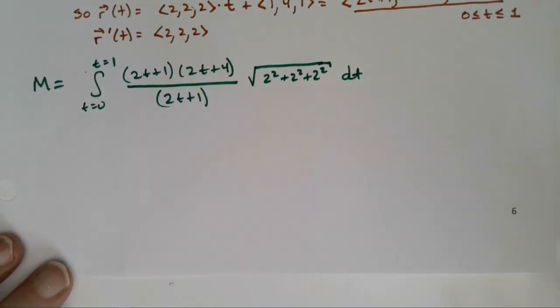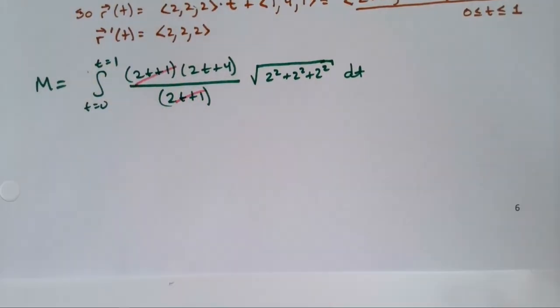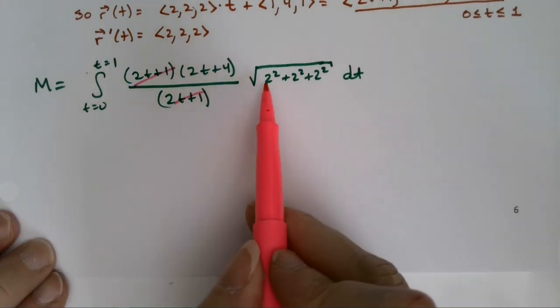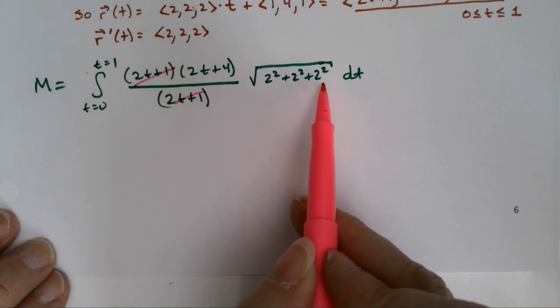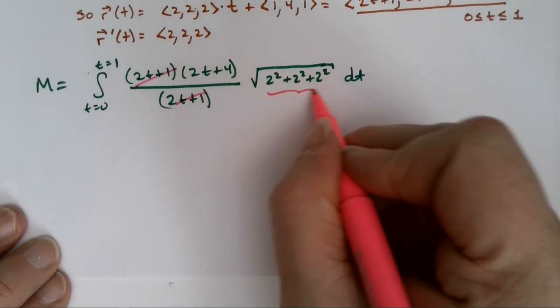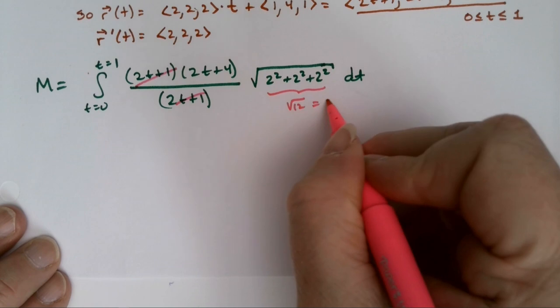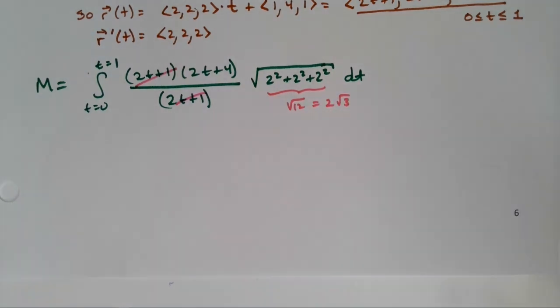All right, well, luckily for us, this is going to be pretty simple because those drop away to 1. And then this is the square root of 4 plus 4 plus 4, which is the square root of 12. And that's 2 square root of 3, right? Because 12 is 4 times 3.